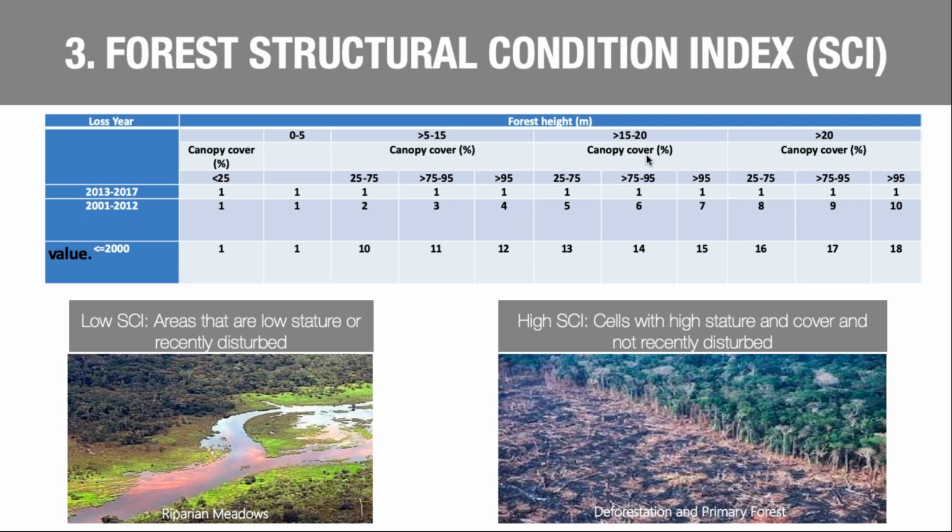And low index values indicate places that are low in stature or more recently disturbed. This layer is quite relevant with regard to several ecological response variables, particularly aspects of biodiversity and ecosystem services, and thus is useful for conservation planning. Next slide, please.